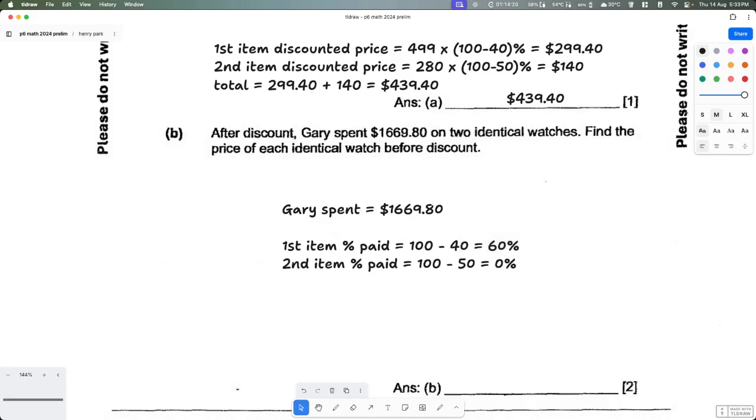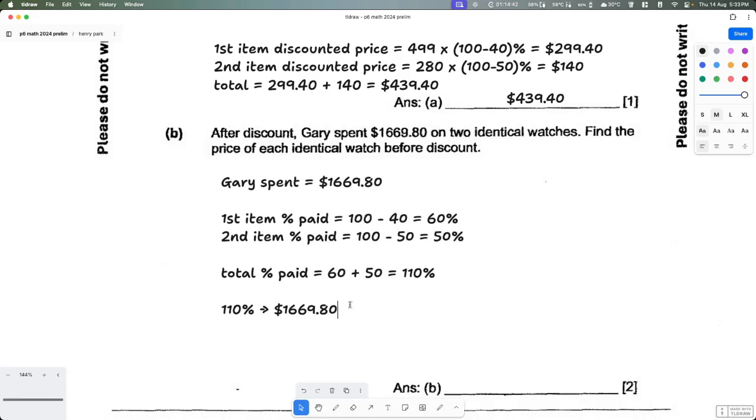So the total percent paid is equal to 60 plus 50, equal to 110%. 110% is equal to the price of 1669.80.